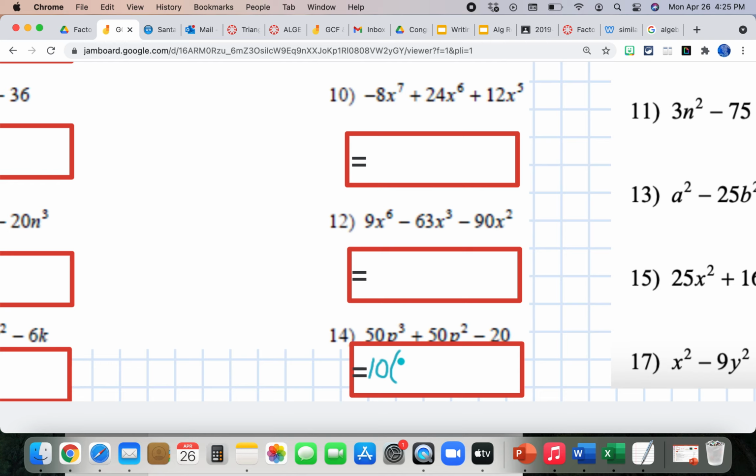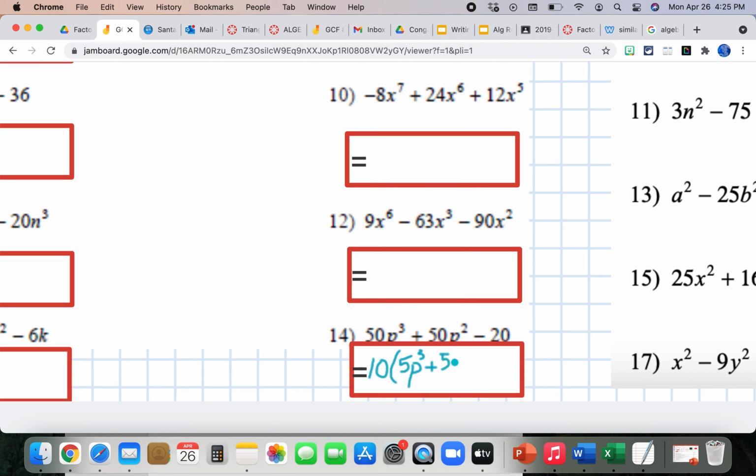So 10 multiplied by 5 can give me 50. And I do want P to the third power, so I'm going to write P cubed. Okay, so this multiplied by this will give me these terms. Next, we add because of this sign. And again, 5 times 10 gives me 50.